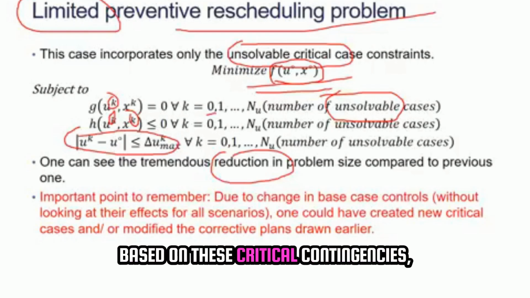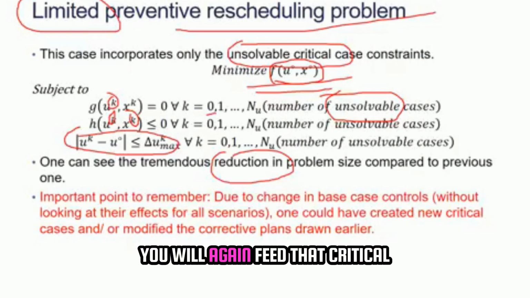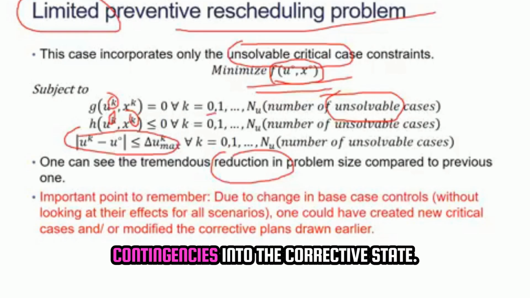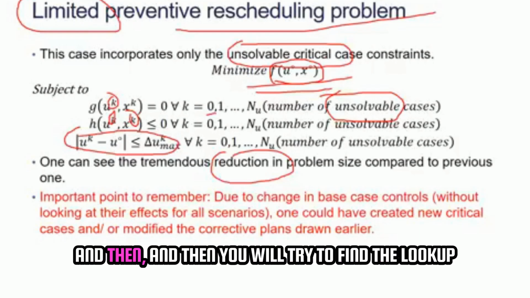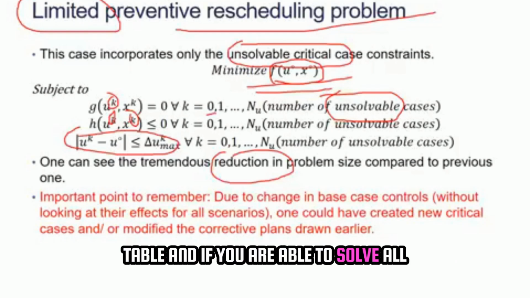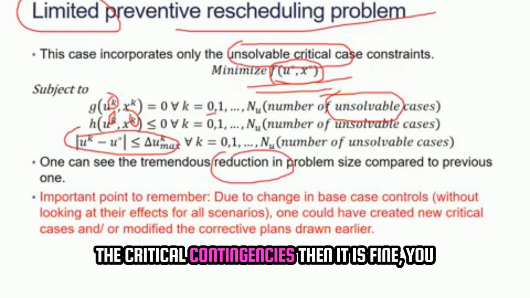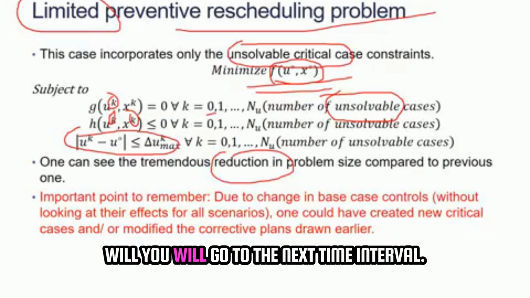Based on these critical contingencies, you again feed them into the corrective state and try to find the lookup table, and if you are able to solve all the critical contingencies, then it is fine and you go to the next time interval.